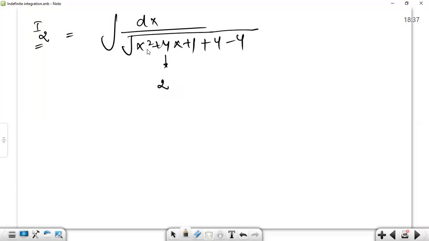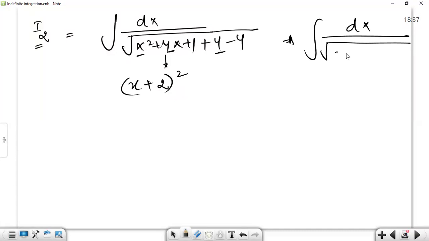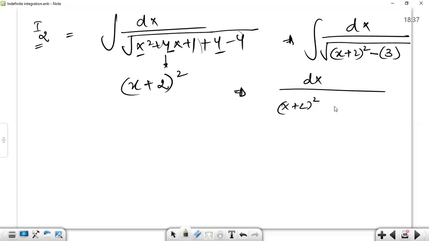So now it has become x plus 2 whole square, x square plus 4 plus 4x. Yeah, 2x into 2 will be 4x. So now we can write it as dx divided by square root of x plus 2 whole square. What was remaining? 1 and minus 4, minus 3. Okay, so let's write this also in the format of a square, minus root 3 square.